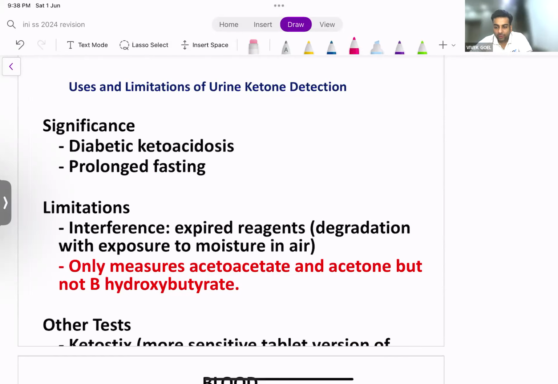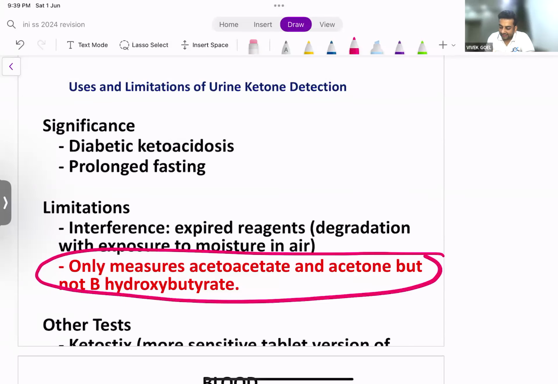So if there is beta hydroxybutyrate, you may get a urine ketone negative. So a negative urine ketone does not mean no ketoacidosis. This is the take-home message from this slide, which is very, very important.